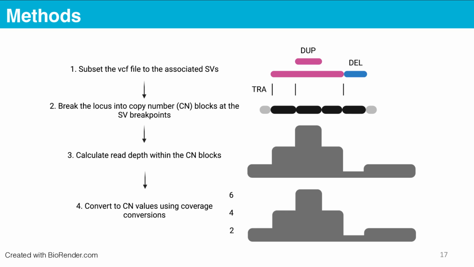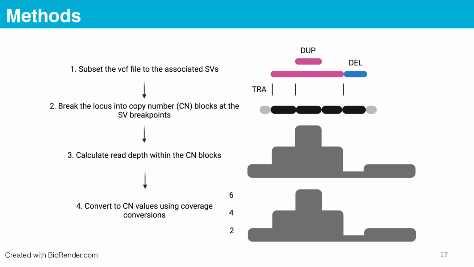These are structural variants that share the same reads as the HPV integrations within that event. So then I get a subset VCF file with just these associated structural variants. And then I broke the locus into copy number blocks at the structural variant breakpoints.